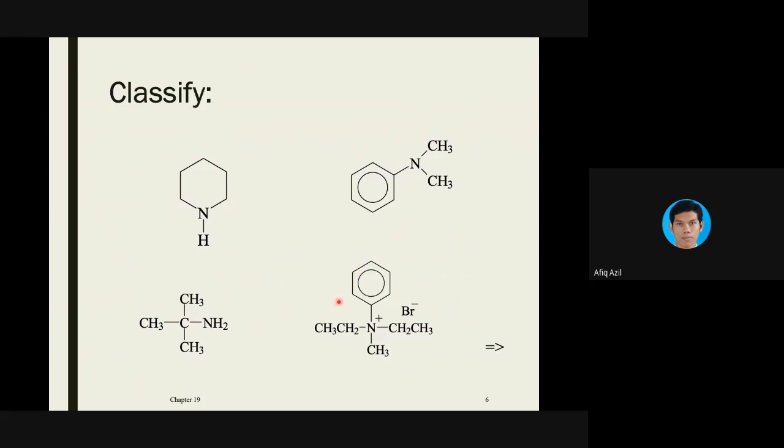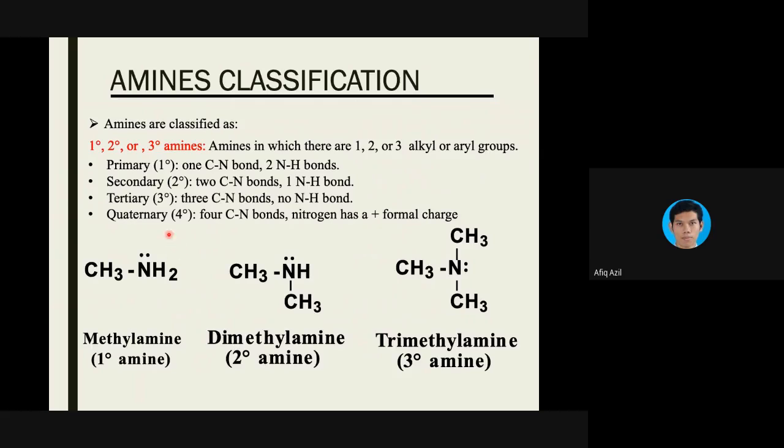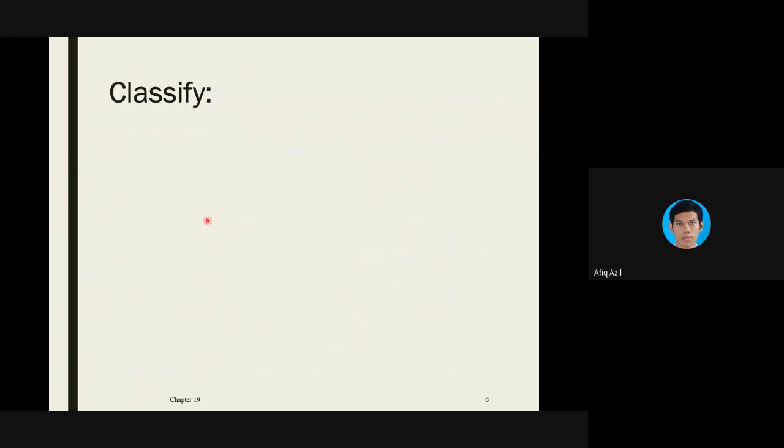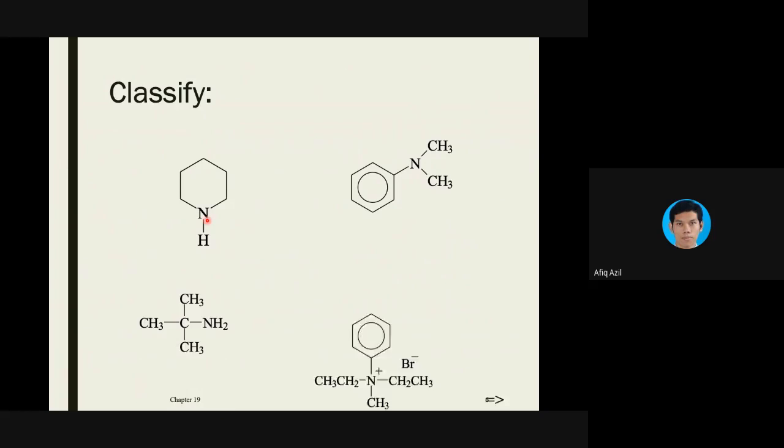So 4, as what is stated over here, it is a quaternary amine, in which there is no hydrogen left. And the nitrogen, if you look at the nitrogen, it is already positively charged. Okay, so secondary, tertiary, primary, quaternary example.